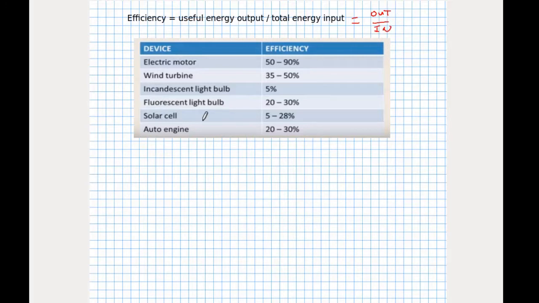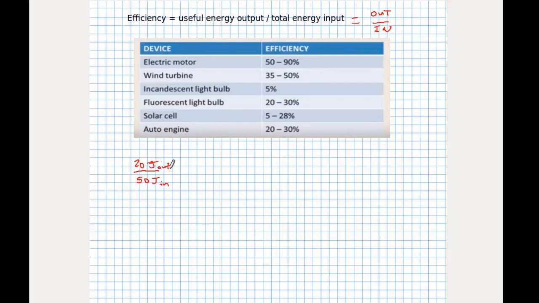And what that means is, say you put 50 joules into something. So 50 joules goes in, but you only get 20 joules back out. So you're trying to do some work, it takes you 50 joules that you put into it.